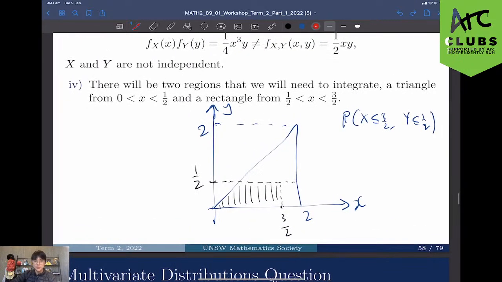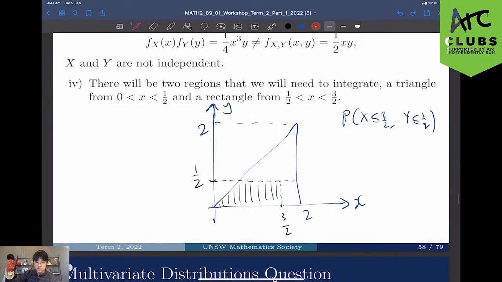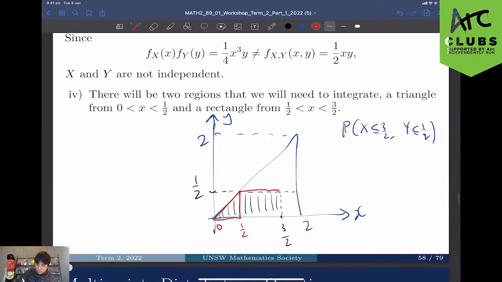If we want to integrate the function under this area, we can do it in two ways. We can take slices horizontally and add them up between y is less than or equal to half and y is greater than or equal to 0. But what we did instead in this question, we split up the area into two. So here we have a triangle between half and 0, and we have this rectangle between 3 on 2 and half.